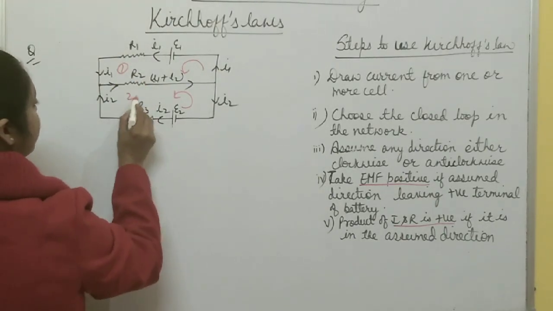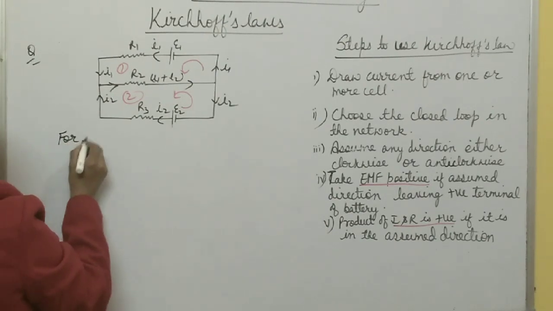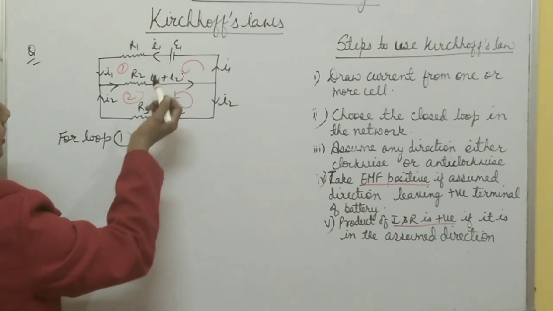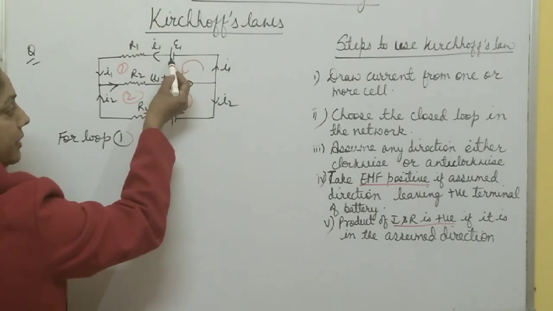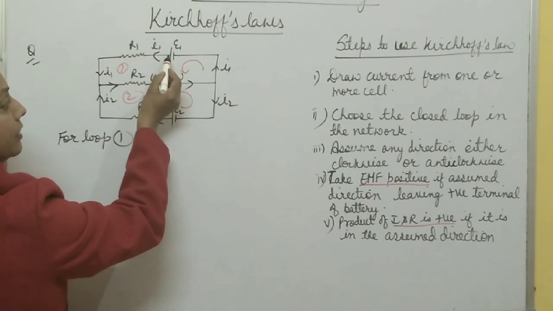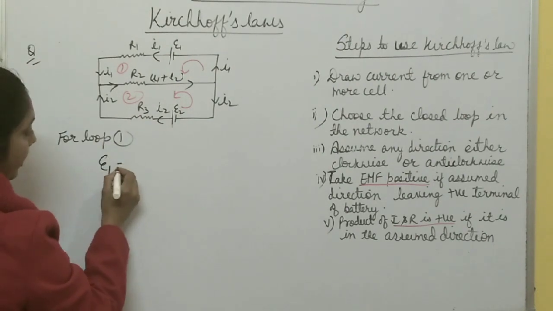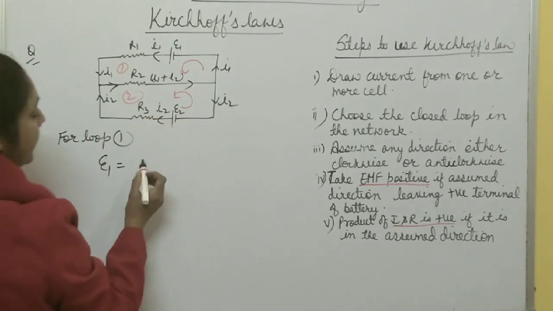So suppose I have chosen this first loop first. This one is loop 1, this one is the second loop. So for loop 1, this is the assumed direction, anti-clockwise. It is leaving the positive terminal. So this E1 is positive, equal to, how many resistors are in this loop 1? R1 and R2.